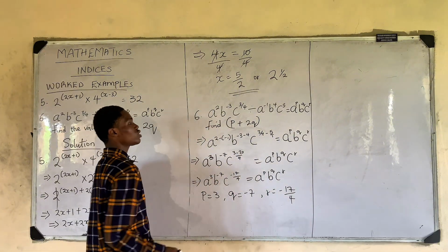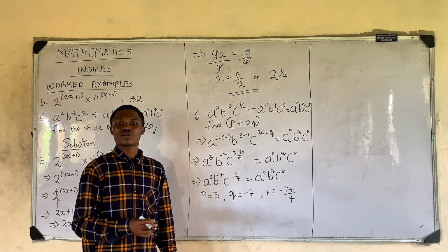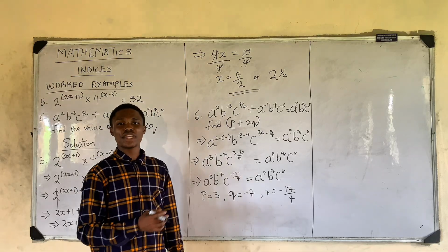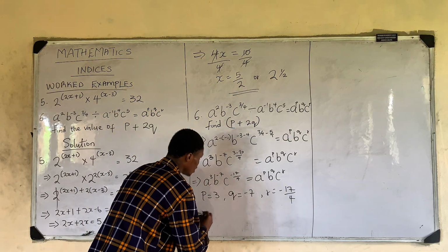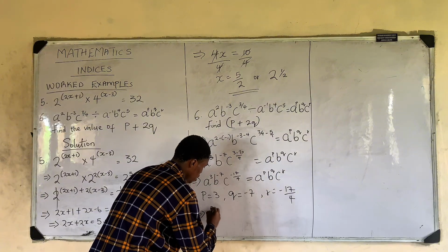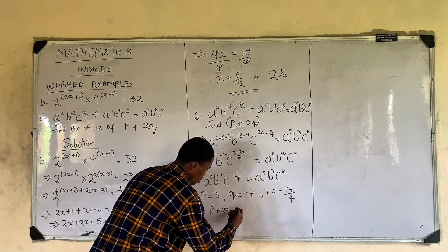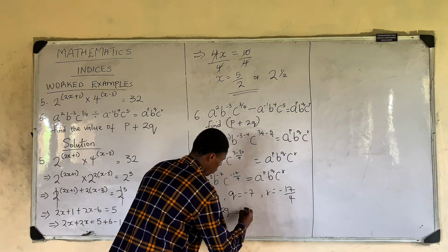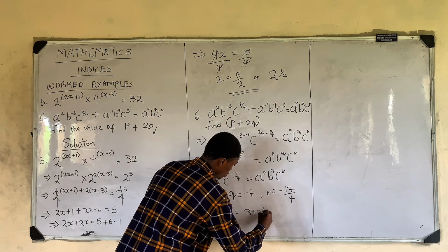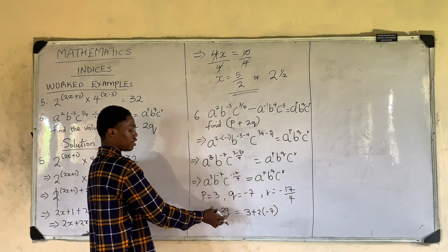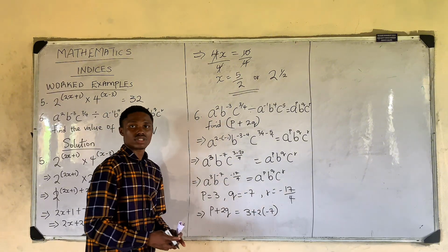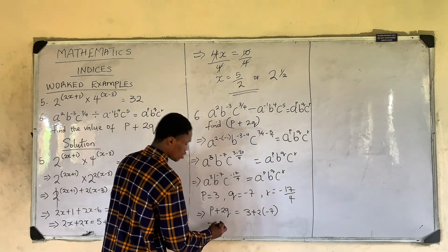But the main thing we are solving for is what? P plus 2Q. So we have, this implies P plus 2Q equals to what? 3 plus 2 bracket minus 7. Because P is 3 and Q is what? -7. Now, equals 3.